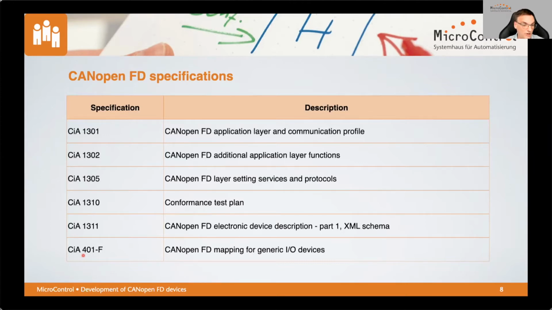We also introduced a -J for J1939 mapping of device profiles. So just a reminder: if you are looking at these device profiles, what is important when you want to implement CANopen FD are the ones with the suffix -F.